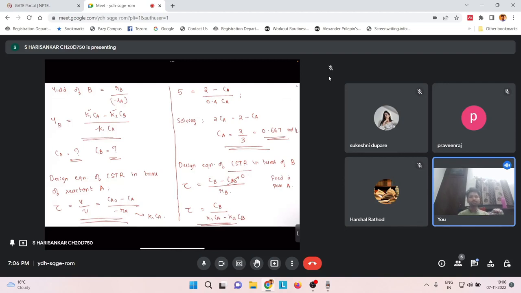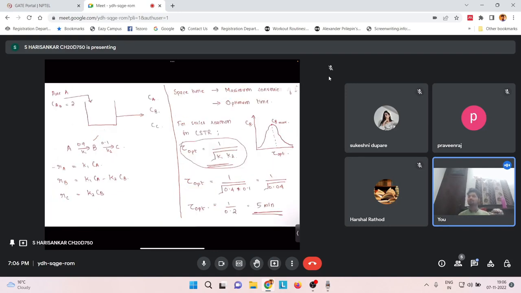But in order to use the design equation, we need the value of tau. For that, they have given in the question that tau is the time at which Cb is maximum. So that is the concept of the optimum time in series reaction. We can first find tau using the optimum time formula, tau optimum is equal to 1 by root of K1 K2, and we find the tau optimum here as 5 minutes.